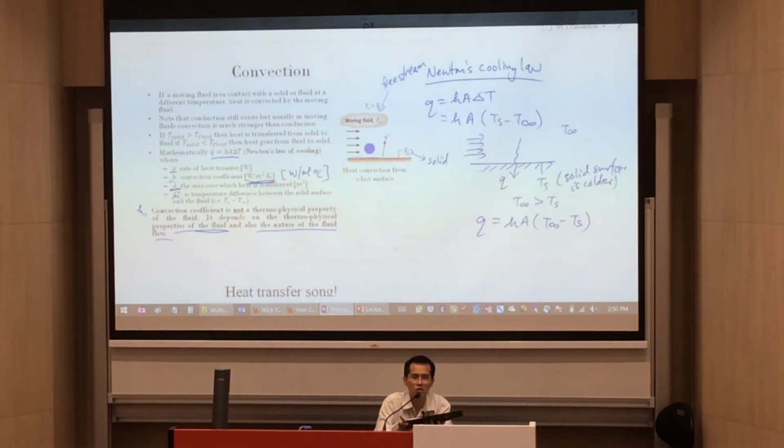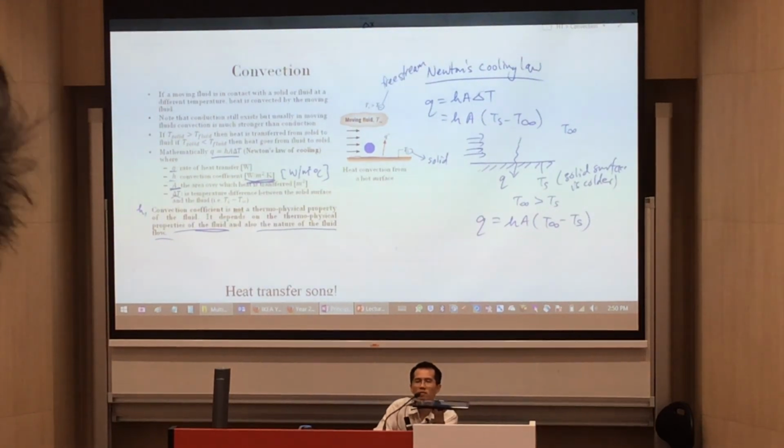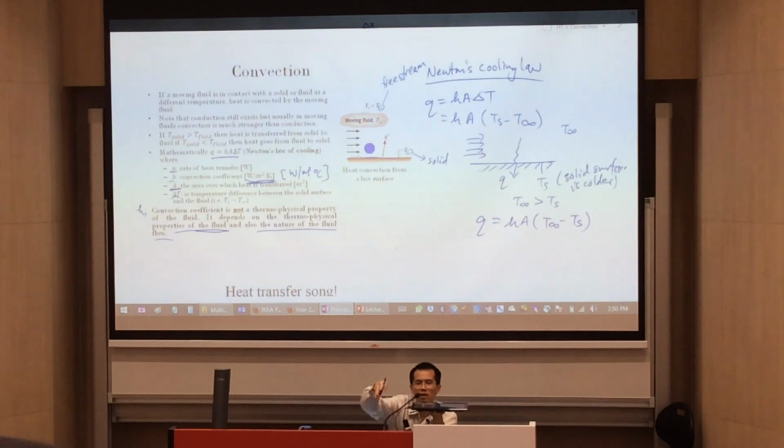Another example is based on what kind of setup you have. I can have flow that's flowing across here. And if I were to turn it this way, having the same flow flowing across here, my H value is actually different, just because of this configuration.